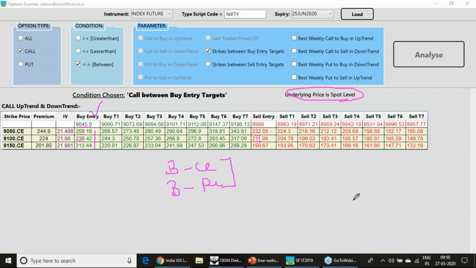This trade you should do when the IV or the VIX is very low, preferably in the 10 to 15% range. If the VIX is high, buying a call option and put option together may not be a good idea.